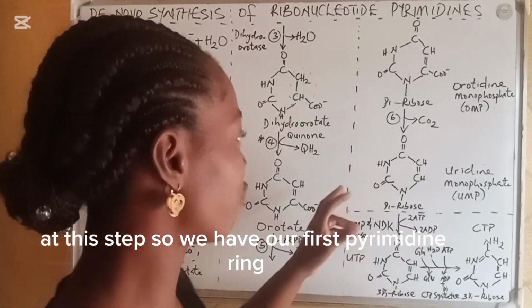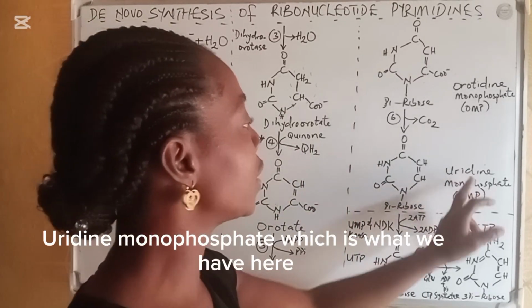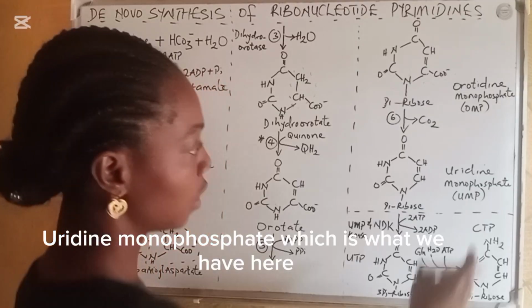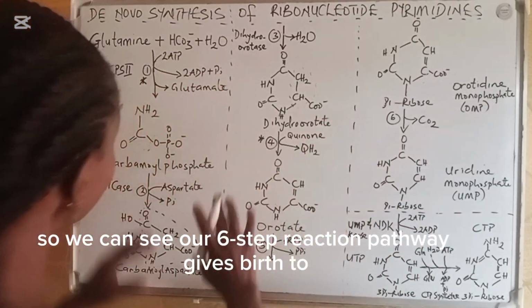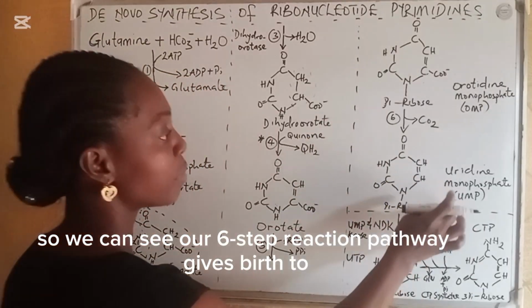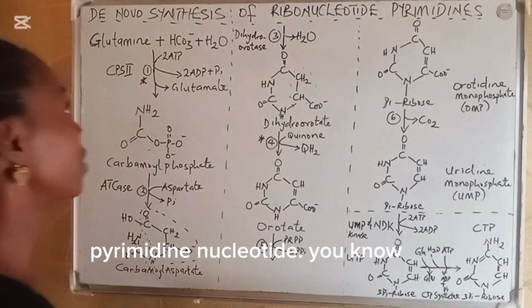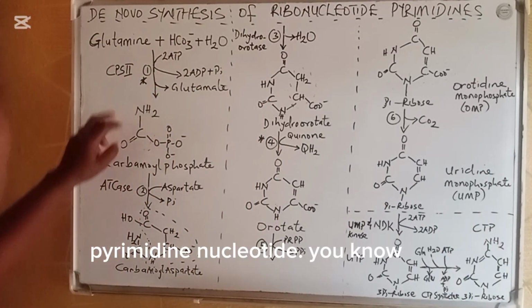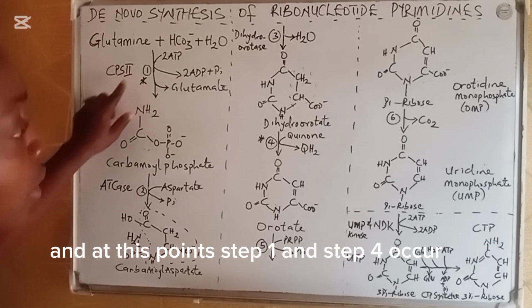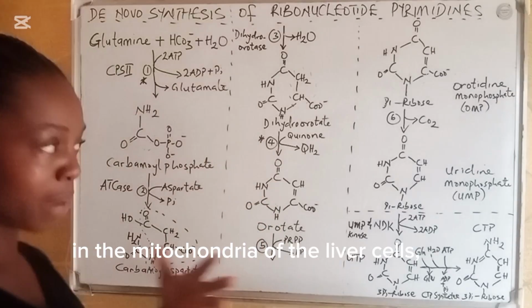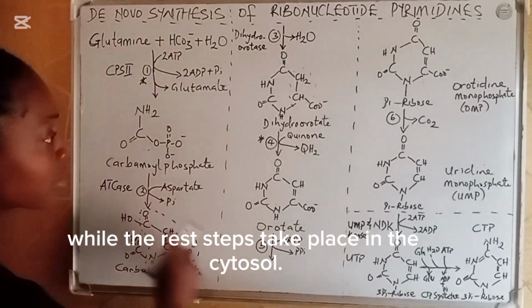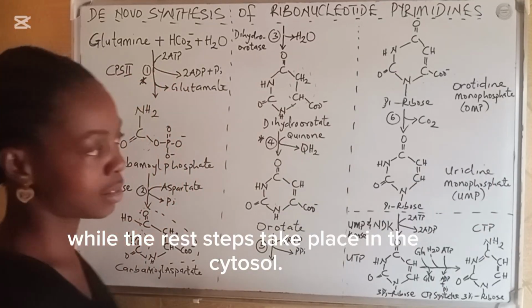So we have our first parent pyrimidine nucleotide, uridine monophosphate, which is what we have here. So we can see a 6-step reaction gives birth to uridine monophosphate, our first parent pyrimidine nucleotide. And at this point, step 1 and step 4 occur in the mitochondria of the liver cells, while the rest of the steps take place in the cytosol.